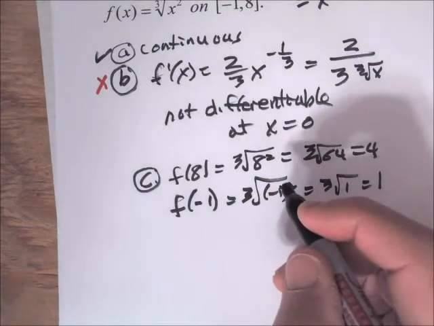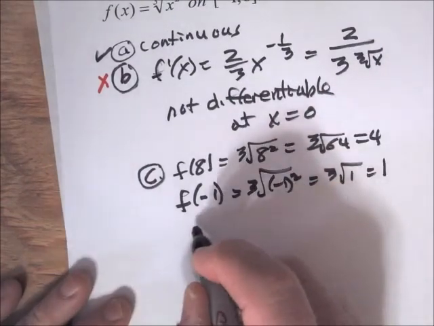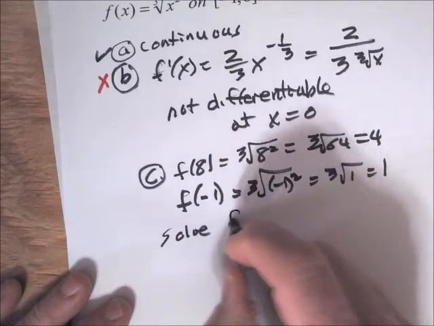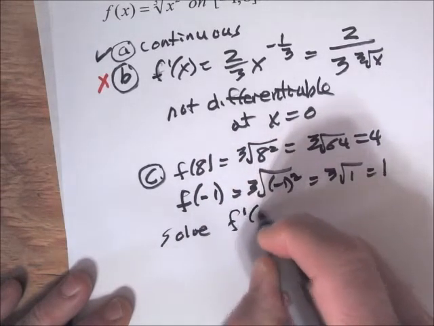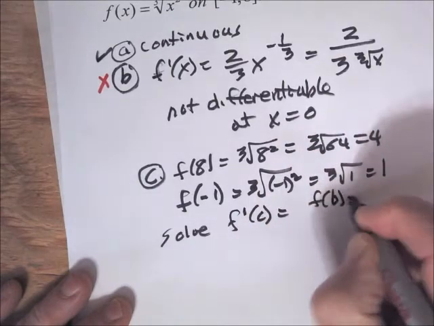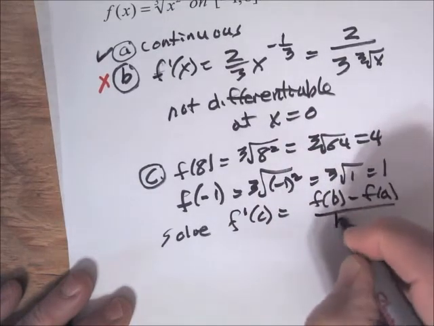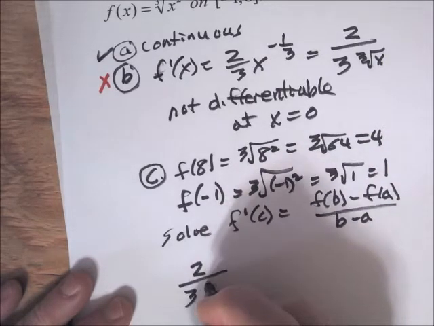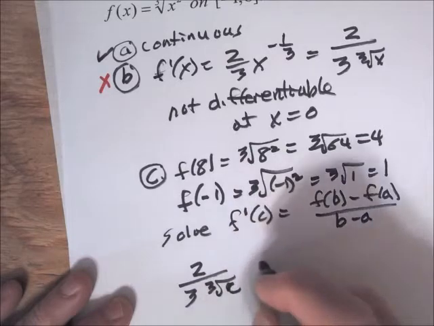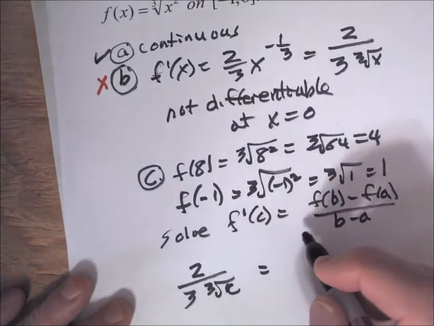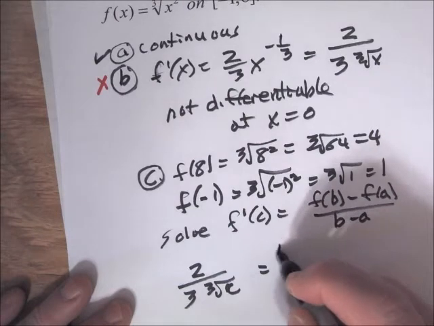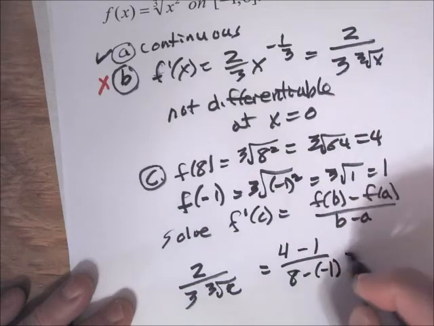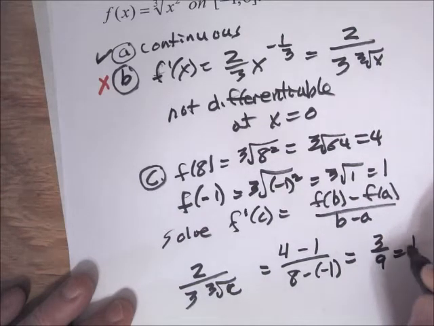And we want to solve f prime of c is equal to f of b minus f of a over b minus a. So f prime of c is going to be 2 over 3 cube root of c equals 4 minus 1 over 8 minus a negative 1. So it's going to be 3 over 9, which is 1/3.